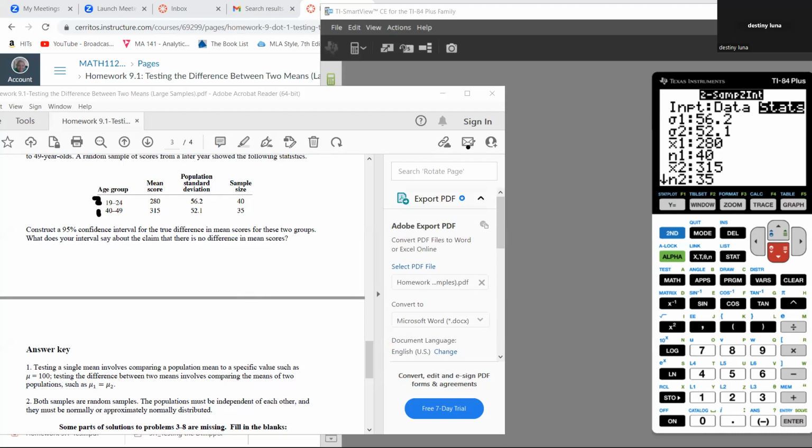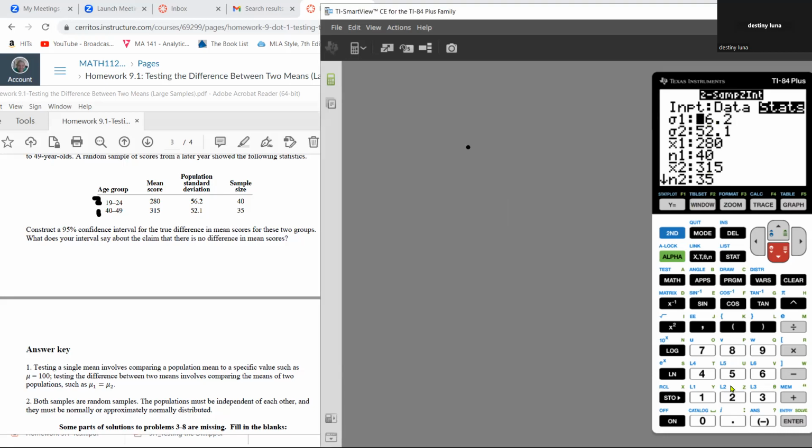52.1. So this is going to be, hold on, need my mouse. So this is 52.1. Okay, I need to use my, okay, 52.1.